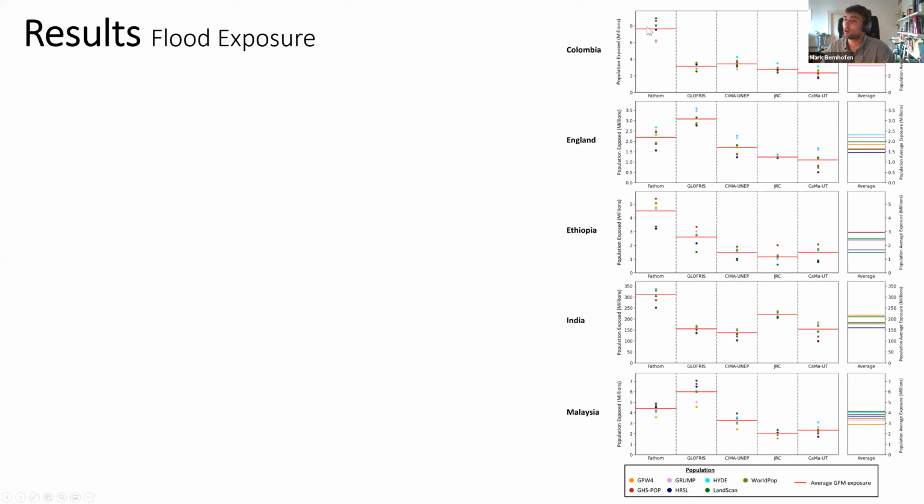The dots in each column are a national flood exposure estimate calculated using a global population data set. The red line is the mean national flood exposure estimate for each global flood model. And these lines in the right-hand column are the average exposure calculated with each of the global population data sets. So I'll just take you through some of our key findings.